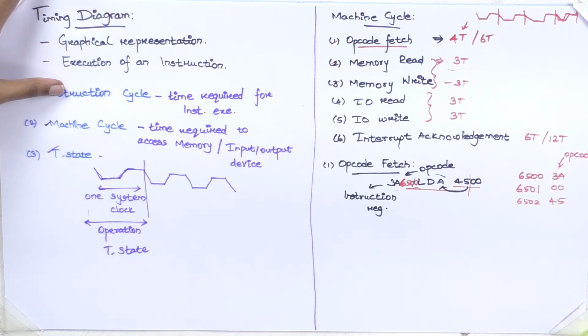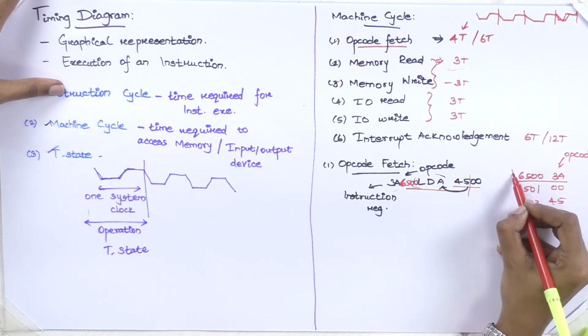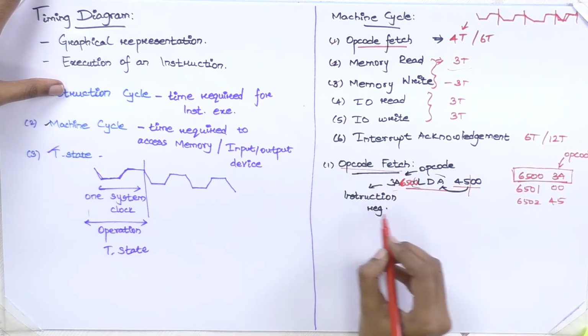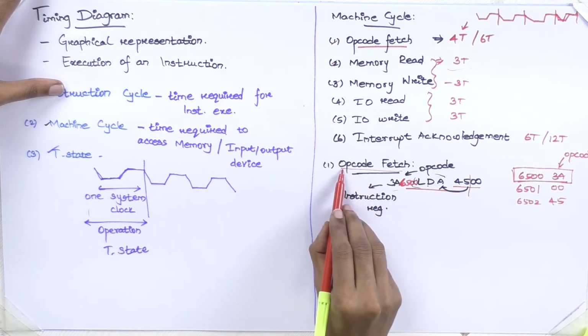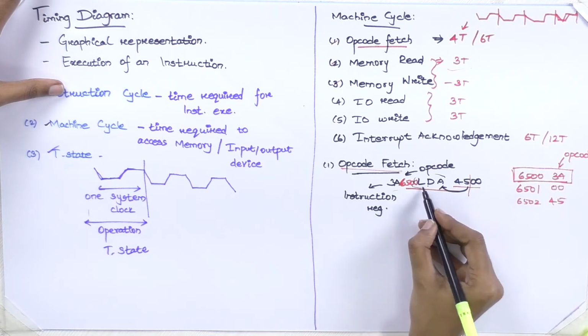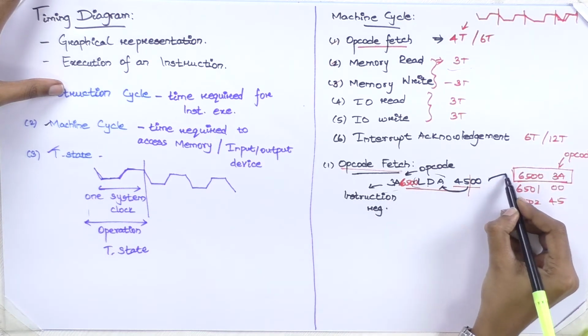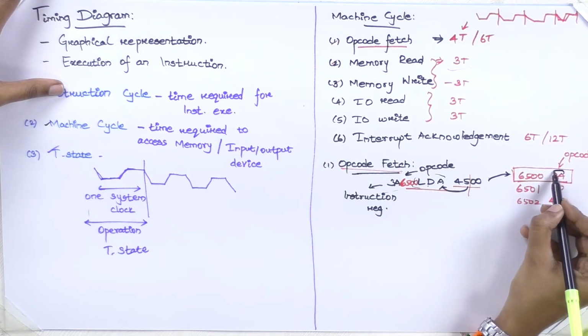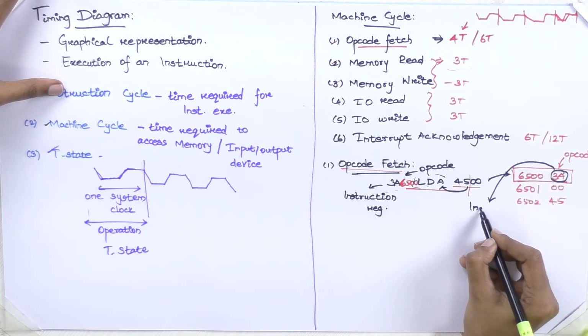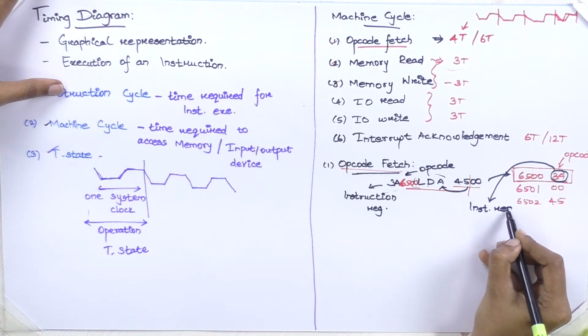In order to fetch this opcode, you have to perform the opcode fetch operation. For this single instruction, first you have to perform opcode fetch. During opcode fetch, the processor will look into this address, get this value, and put it in the instruction register.